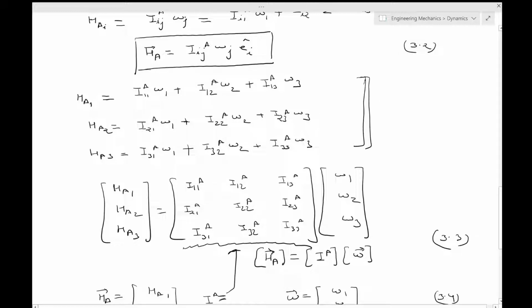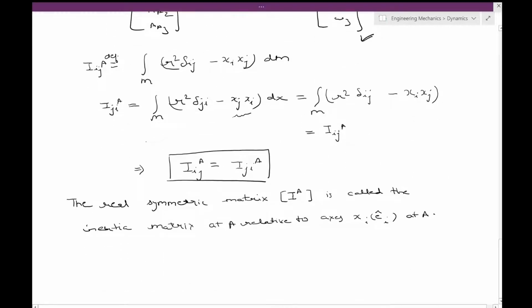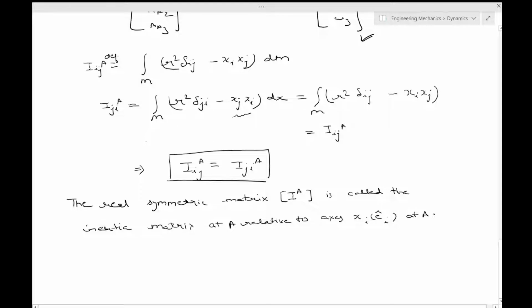The direction of H_A is in terms of E1, E2 and E3. Clearly you can write it in terms of repeated indices, with repetition over j and then over i, so you can have this big form, but in general you cannot say that H_A will be in the direction of omega. So you cannot say that by looking at this.